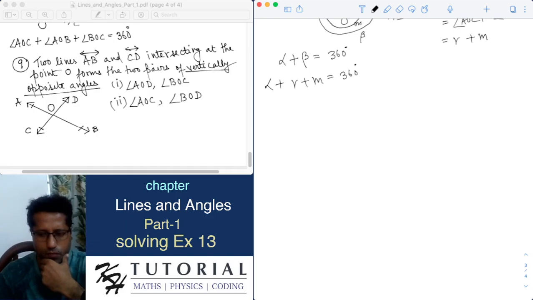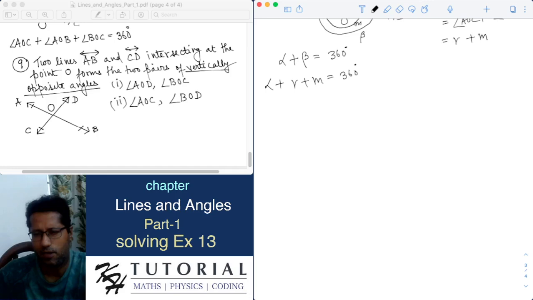So when two lines intersect at a point, then two pairs of vertically opposite angles are created.